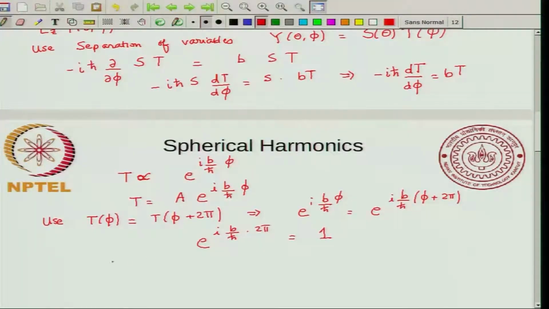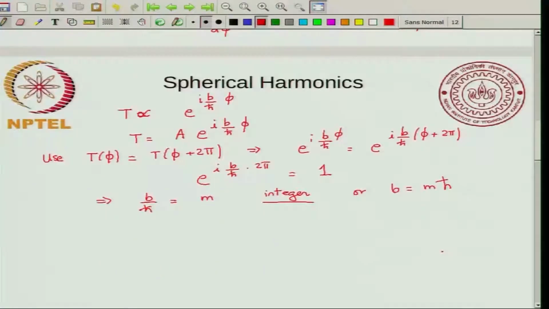You know that if b by h bar was an integer, then e to the 2 pi i into any integer is 1. So this implies that b by h bar equals m, an integer, or b equals m h bar. This is commonly referred to as the quantization of the z component of angular momentum.